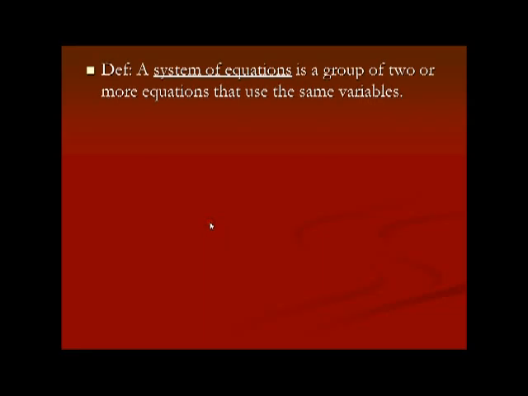Okay. A system of equations is a group of two or more equations that use the same variable. Some of you might look at this part here that they use the same variable and think back to the assignments you were doing last week. Well, all those used x's and y's. What I mean here about the equations using the same variables is that the x's and y's in a certain problem, which will have multiple equations, represent the same values.